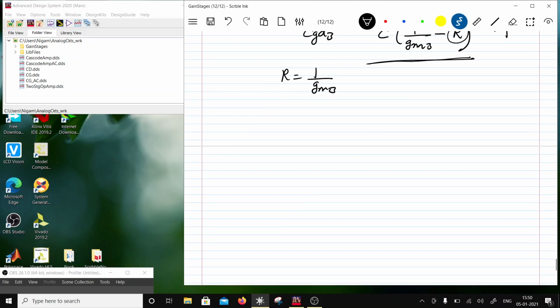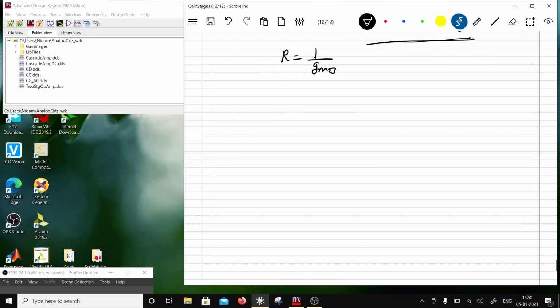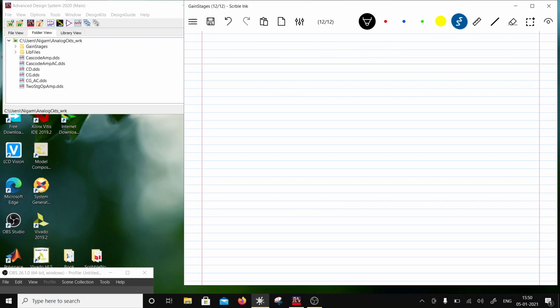So what you can do is, let's assume that you have done that, and my second pole is basically GM3 CGD3 divided by CGD3 CGS3 plus CGS3 C2 plus C2 CGD3.